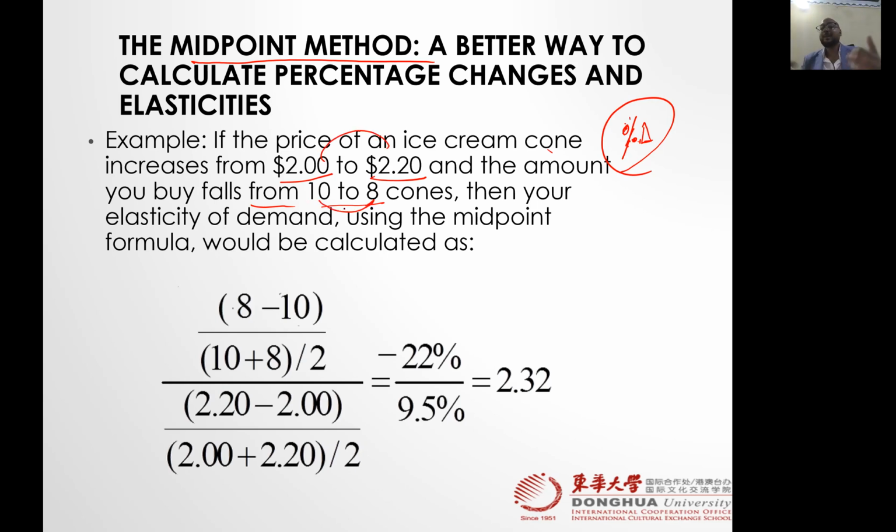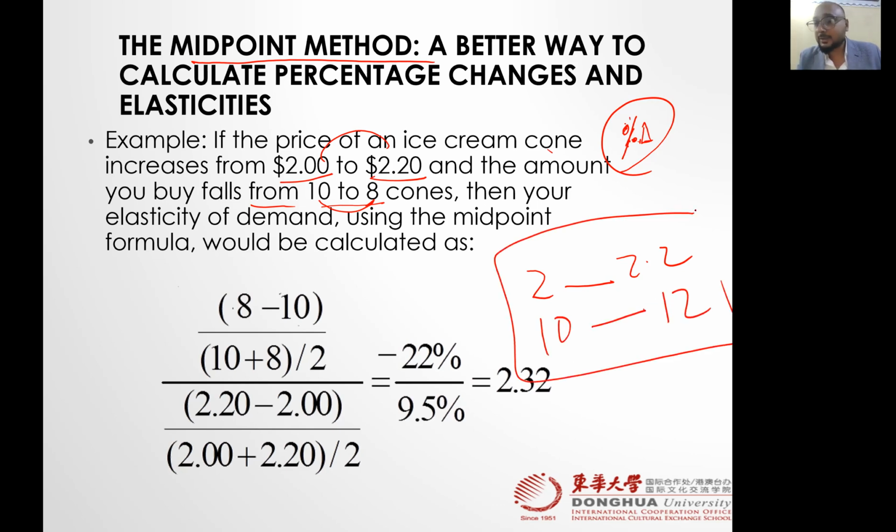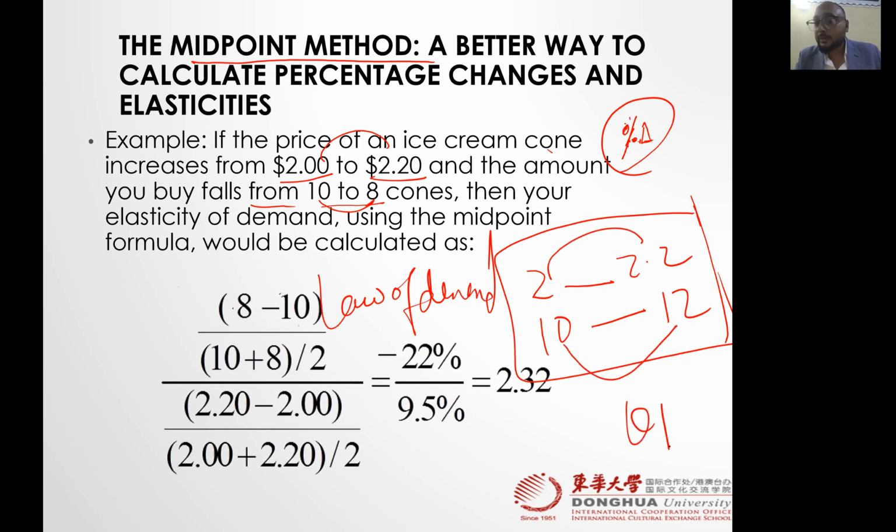So, I gave one question in an exam, and I just intentionally did that. Price increased from 2 to 2.2 and quantity also increased from 10 to 12. Does this follow the law of demand or not? When price increase, quantity must decrease.